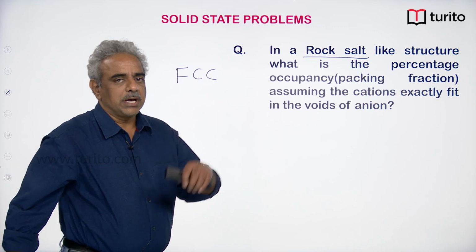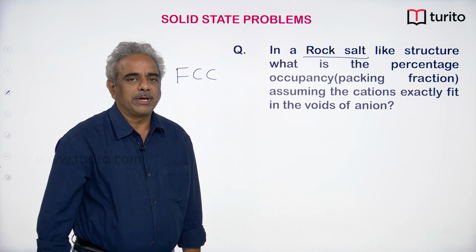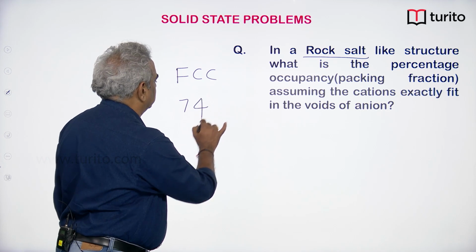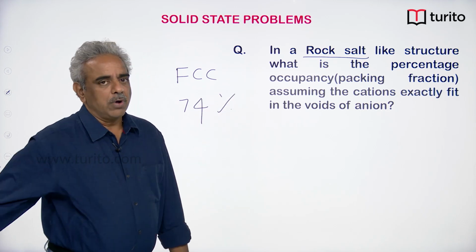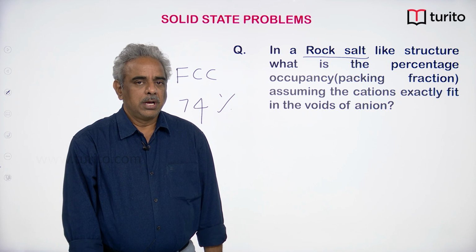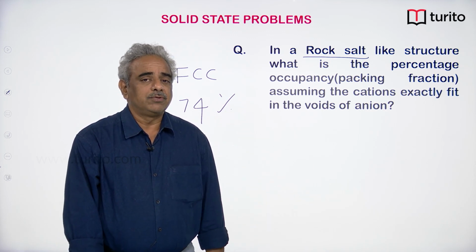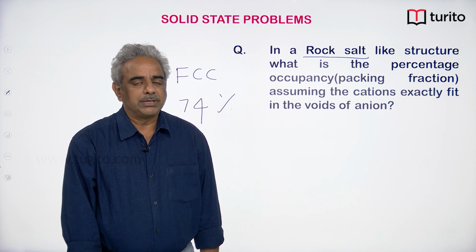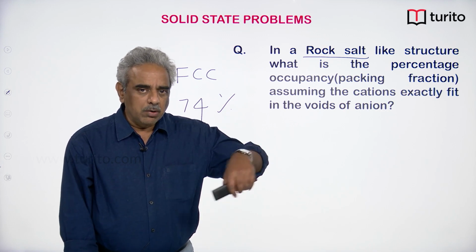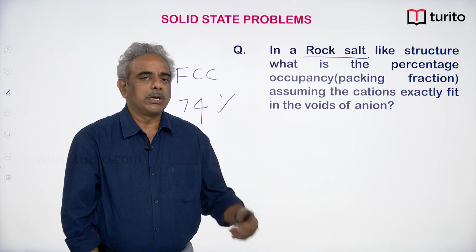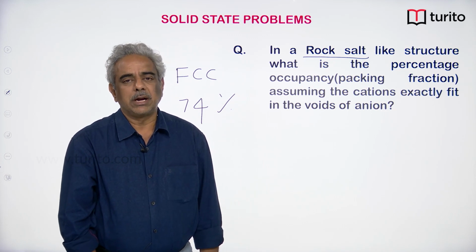He says the spheres are exactly as per our hard spheres close packing. So, 74% is the effective occupancy of the spheres. In addition to this, even the cations have joined the octahedral voids. Each octahedral void is filled with an exactly fitting cation, so you can assume that all the octahedral voids are occupied.